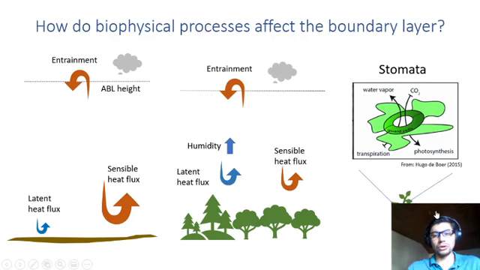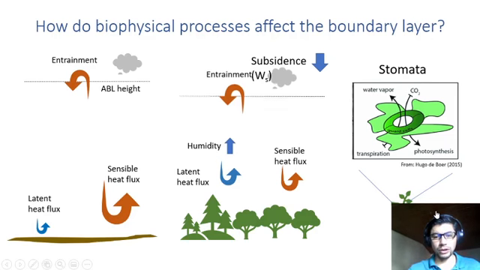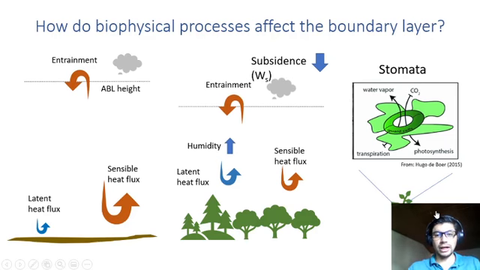They can open and close to determine how much water they lose. Also very important is to consider the effect of large-scale atmospheric subsidence. That is this large-scale downward movement that can bring the atmospheric boundary layer down.